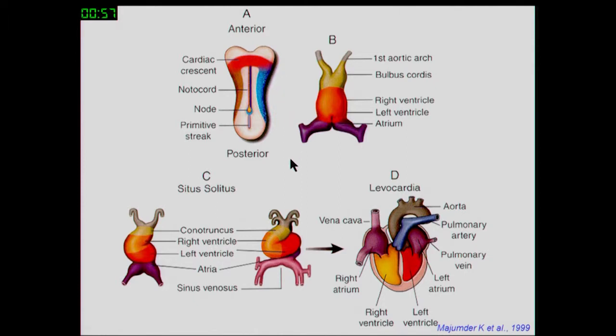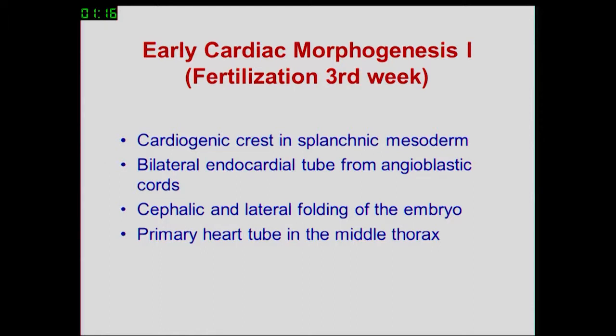To have the fully developed heart from a linear tube, complex developmental processes should happen, such as rightward looping, septation, valve formation, and so on. From now on, I will review such steps.